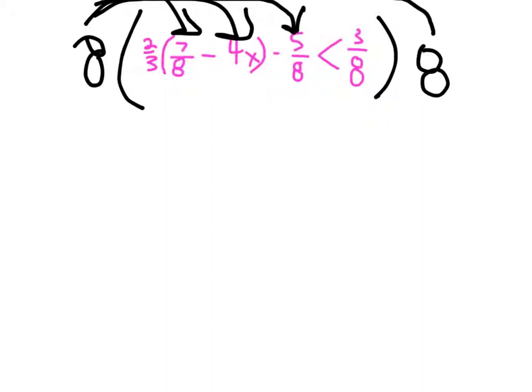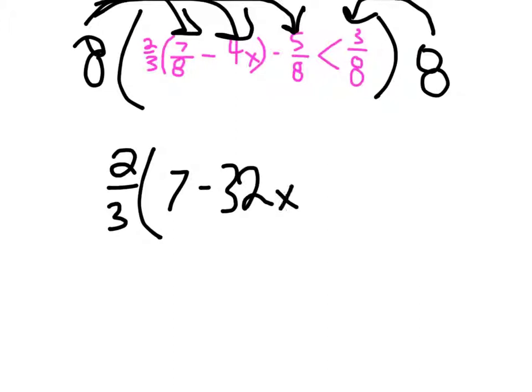And then we'd also multiply to 3/8, but we'd leave the 2/3 alone. So that leaves us with 2/3 times 7 minus 32x minus 5 is less than 3.